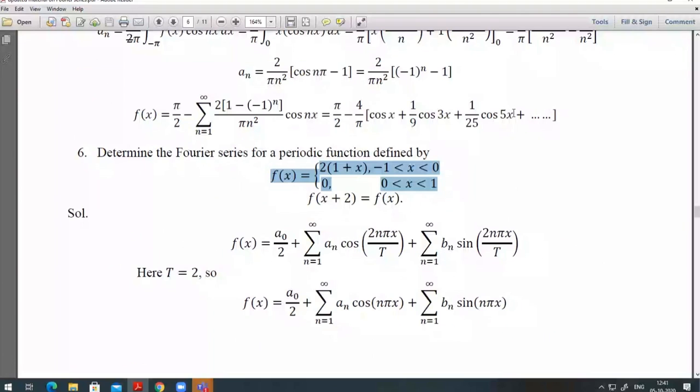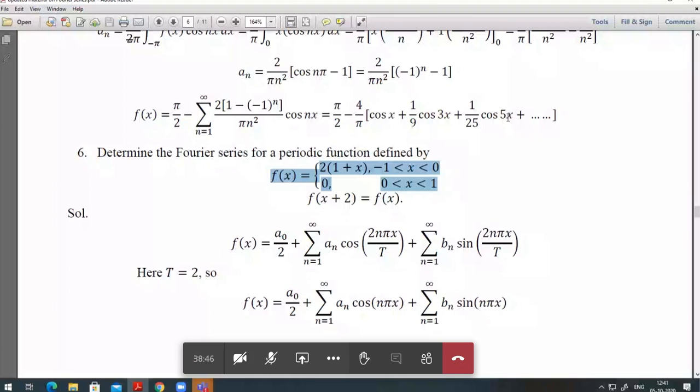Anyone in the online? Is this problem 6 even or odd? Odd function, sir.